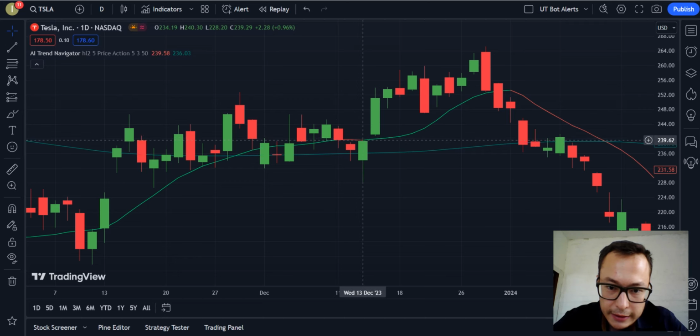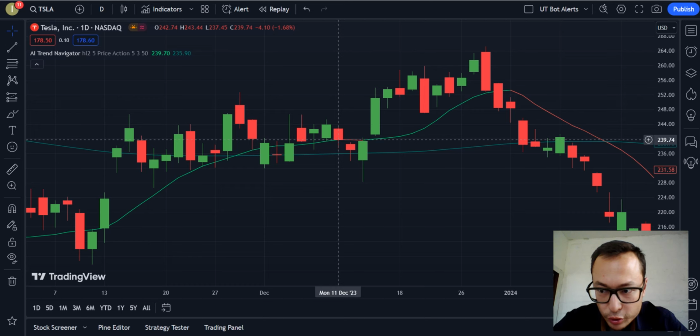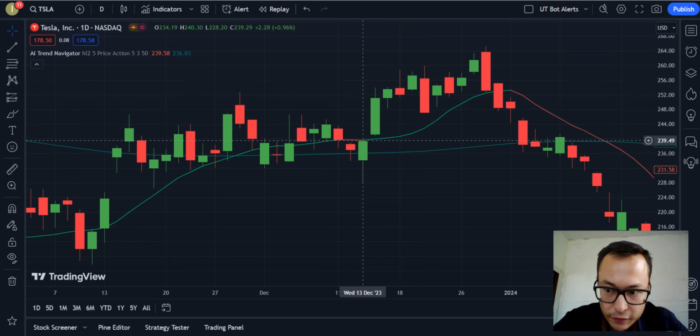However, this is a very small decrease in the price. There's a decrease in price of the Tesla stock from $239.74 to $239.49.